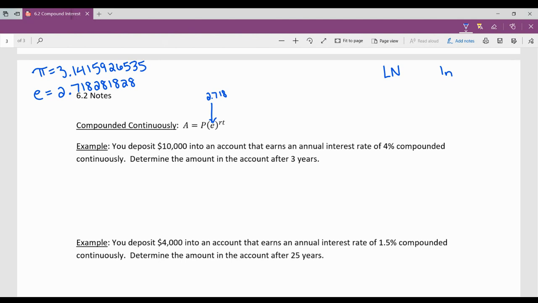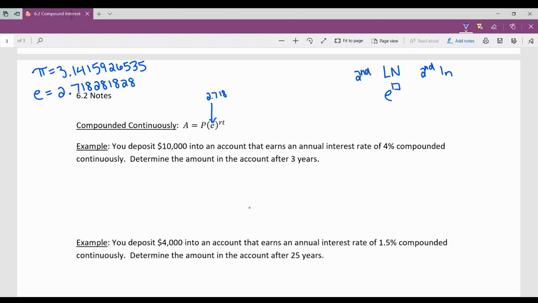So if you look on your calculator and you hit the second ln button, that would bring up the E. So for most calculators, the TI, Texas Instrument ones, if you hit second ln, that'll bring up your E.